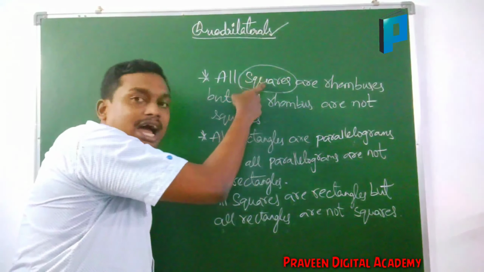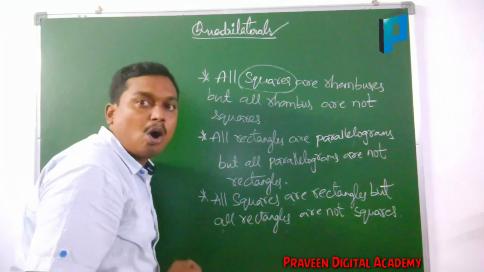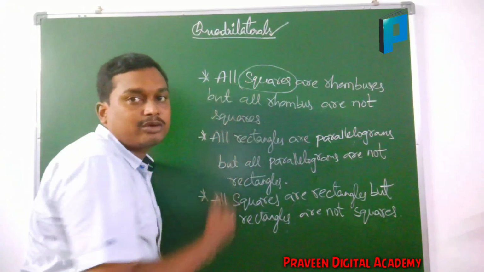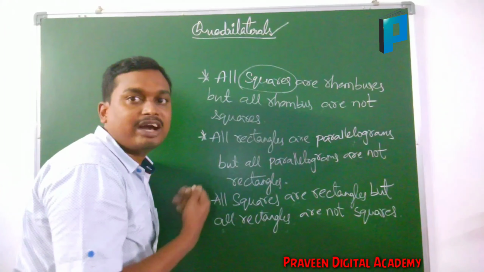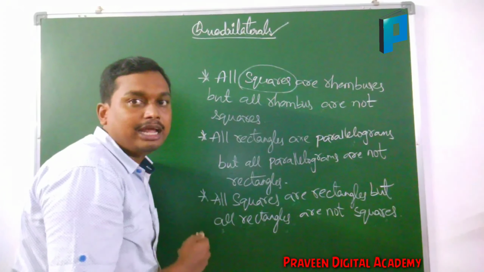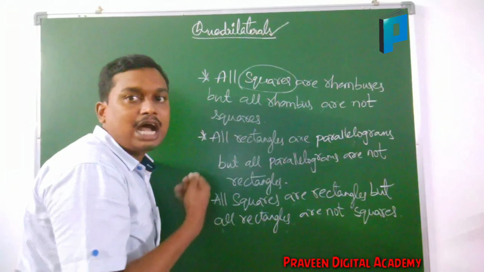A square obeys all the properties of other quadrilaterals, but other quadrilaterals will not obey the properties of a square. So we say a square is a rhombus, a square is a rectangle, a square is a parallelogram, a square is a kite.